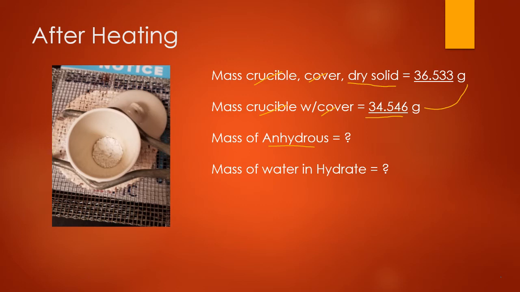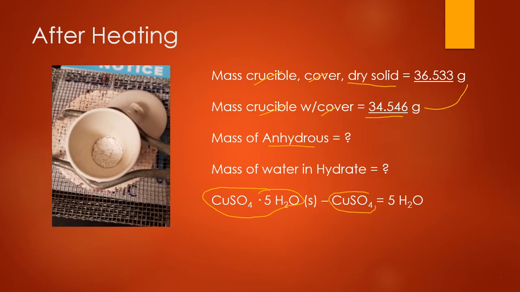Next, we need to calculate the mass of the water in the hydrate sample. So in order to calculate the mass of water in the hydrate, we need to subtract out the ionic compound. So let's look at the previous example that we saw with the copper(II) sulfate pentahydrate. We need to take the mass of the hydrate and subtract out the mass of just the ionic compound, so the anhydrous.